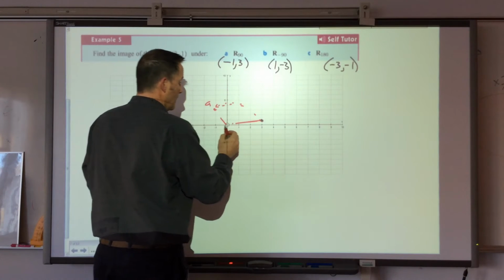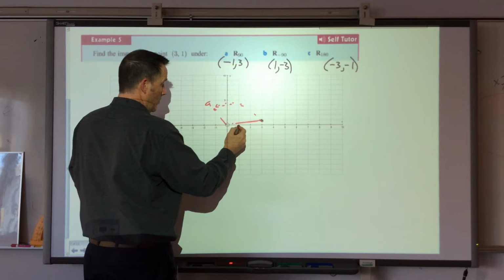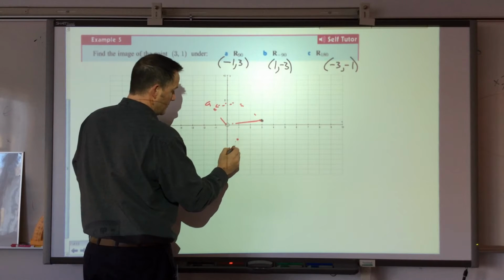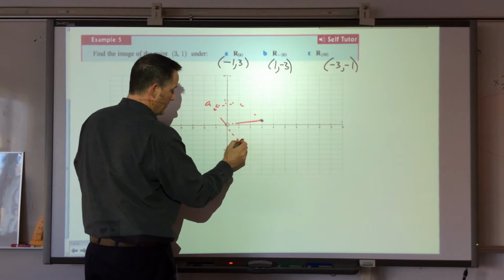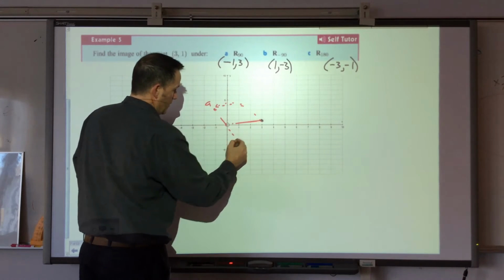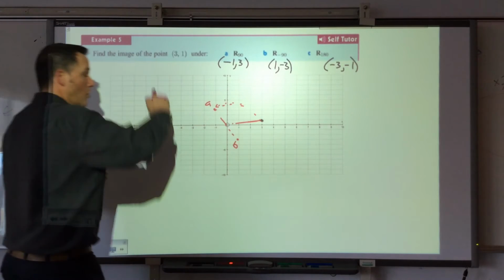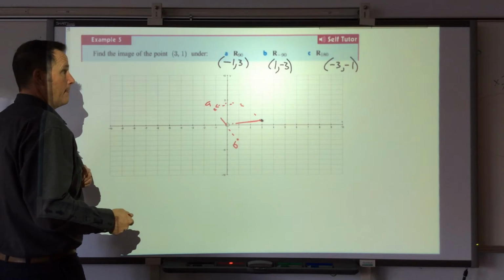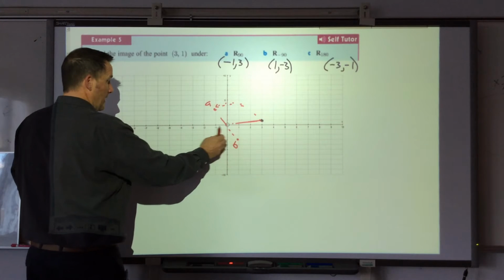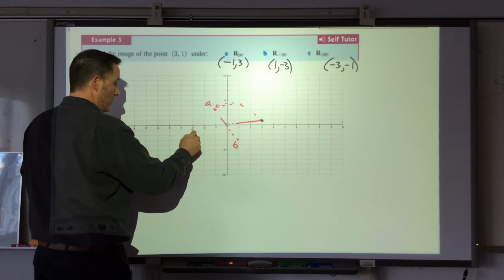Then I have (1, negative 3). This is B. Again, same deal. It's supposed to make a right angle. So we rotated 90 degrees this way. Then we rotate 180, and we're going to be at (negative 3, negative 1), all the way here.